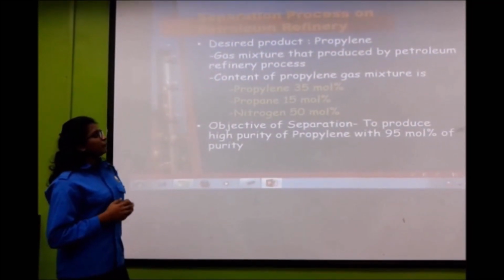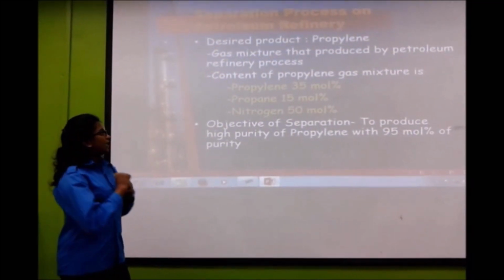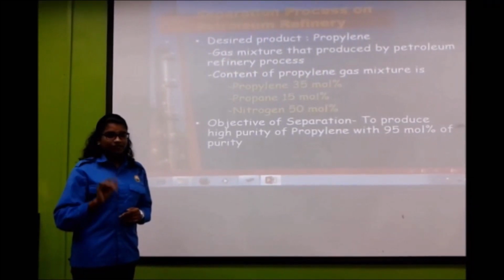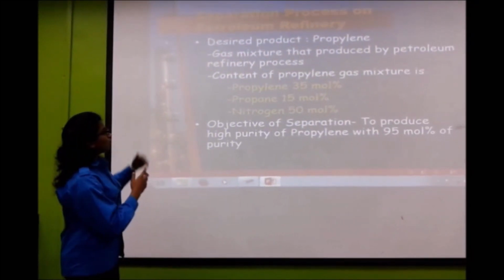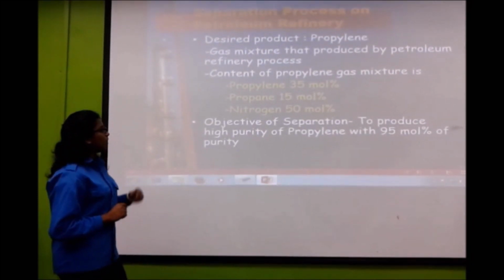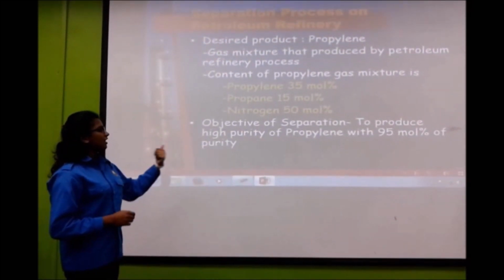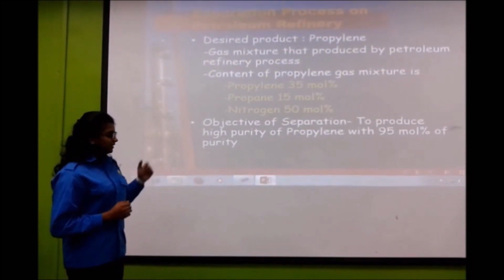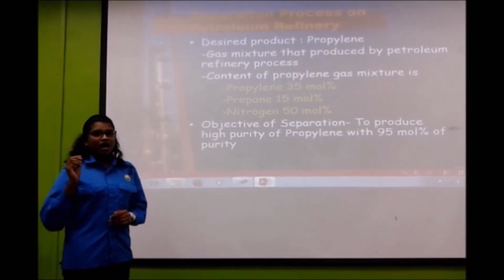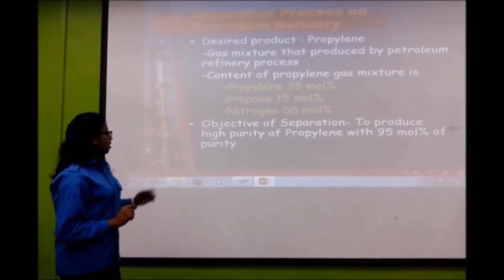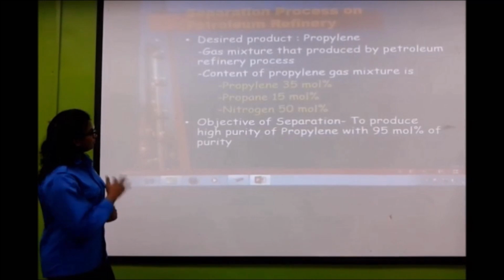The gas mixture produced by petroleum refining contains propylene 35 mole percent, propane 50 mole percent, nitrogen 50 mole percent. Our main objective of this separation is to produce high purity propylene with 95 mole percent purity.